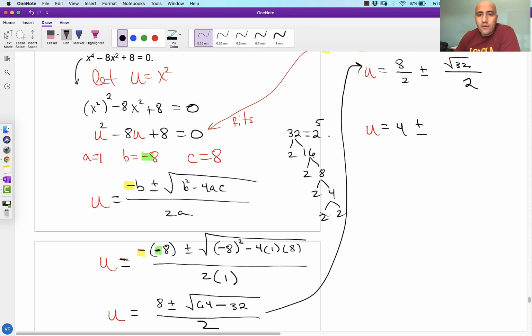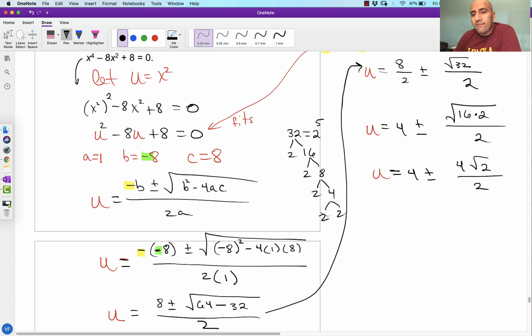We can pull out a 4. So this is the same thing as saying that it's square root of 16 times 2, over 2, which means that my u is equal to 4 plus or minus 4 square root of 2 over 2.